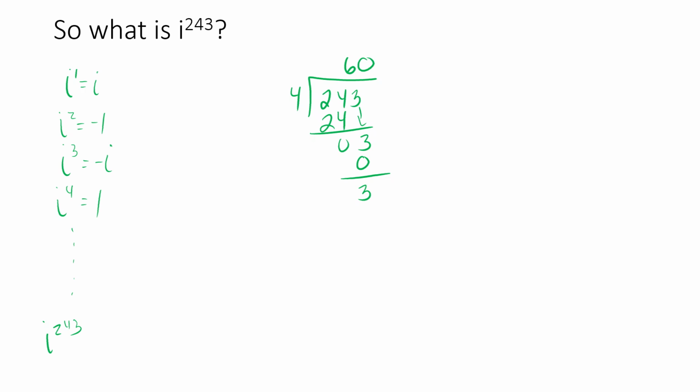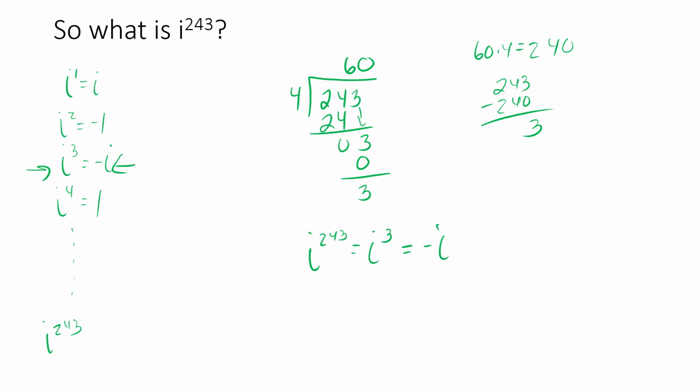I've seen students do this other ways too, like 60 times 4 is 240, and then 243 minus 240 to get the 3, which is essentially what we do with long division. The important part is the leftover, the 3. So i to the 243 is the same as i to the third, which means it's -i.